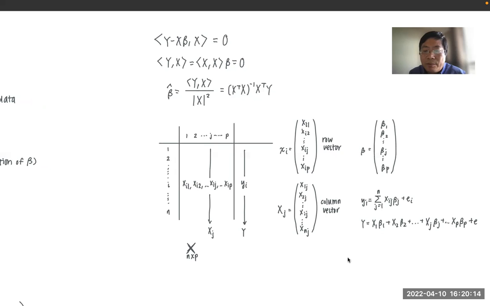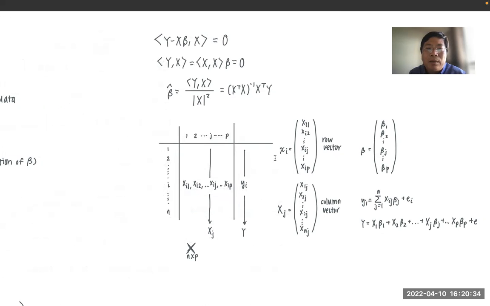In terms of vectors, the whole vector y can be written as x1, the first column, times beta 1, plus until xj, the jth column, times beta j, until xp times beta p, plus the e vector. So you can also write this in the vector form.